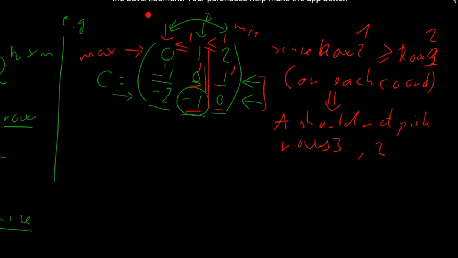So player B should choose the first column in order to minimize the value, which means that in this case both players have a unique strategy and the outcome will be 0 according to this optimal strategy.